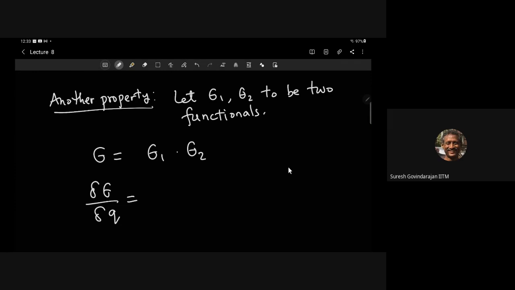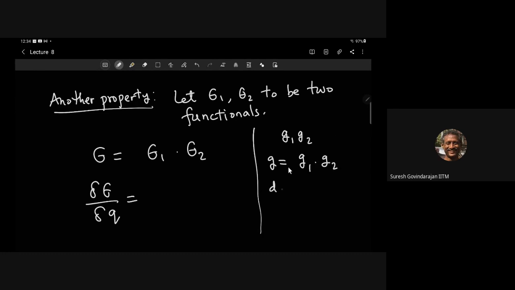Can someone guess what the answer should be? Anybody? Okay, let's ask a slightly different question. Let's say that G1 and G2 are two functions of time, and I construct a function G, say G1 times G2.